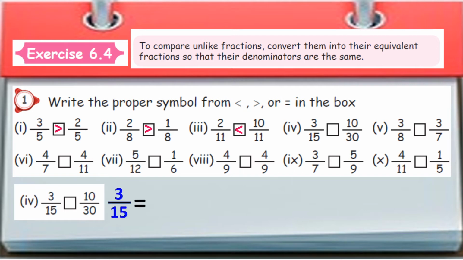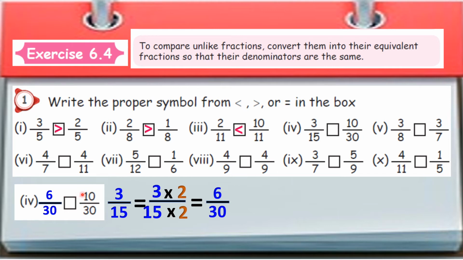3 by 15. Here I am going to multiply with 2. Once we multiply, we get 6 by 30. Right? So now we can compare. Instead of 3 by 15, I fix 6 by 30. Now it's easy to compare, isn't it? So we have the same denominator. See? Now it's easy, isn't it?